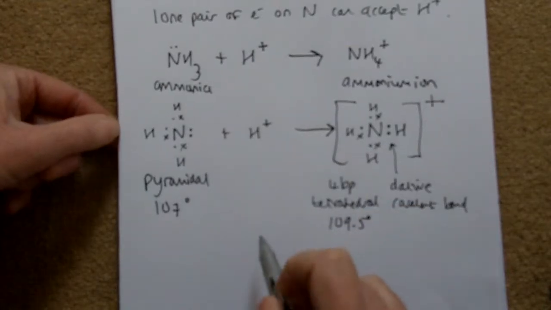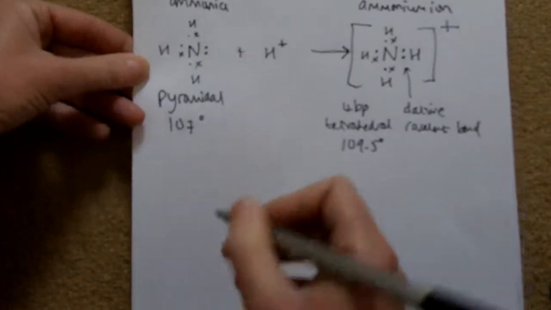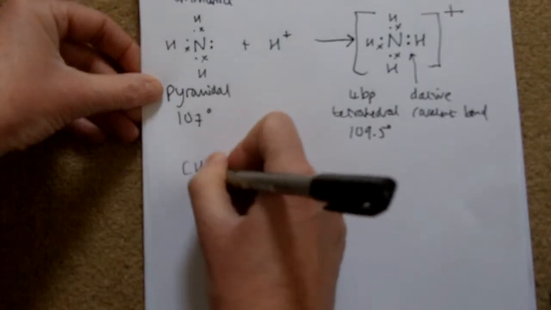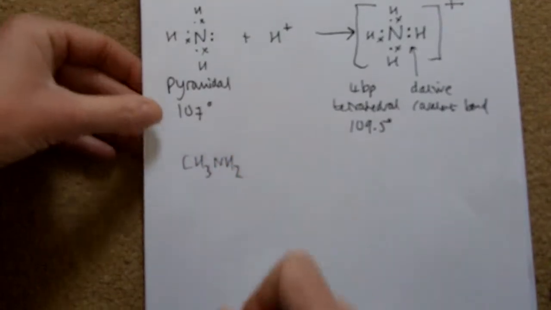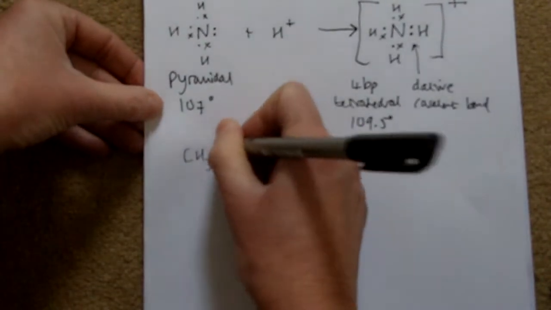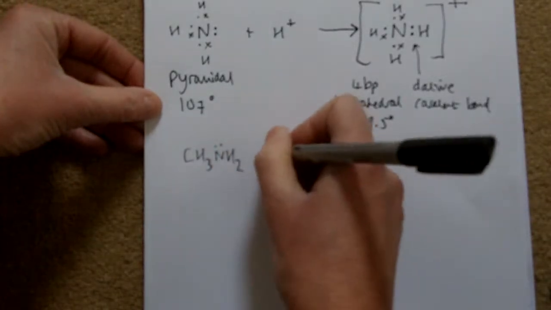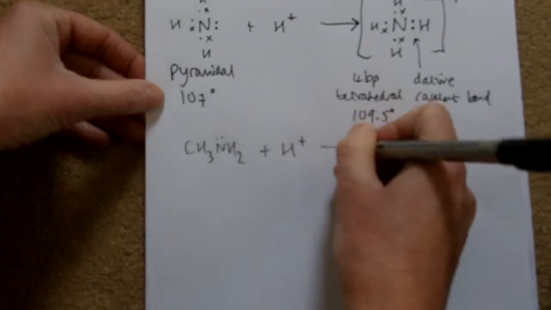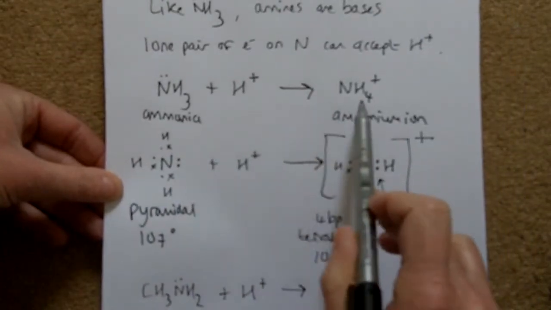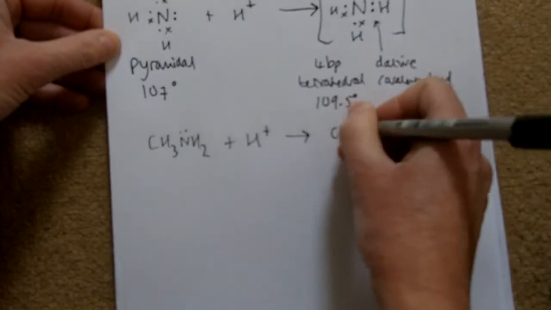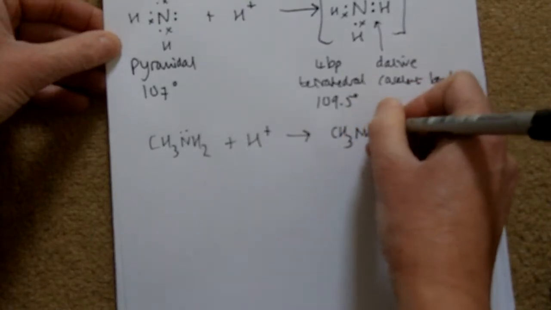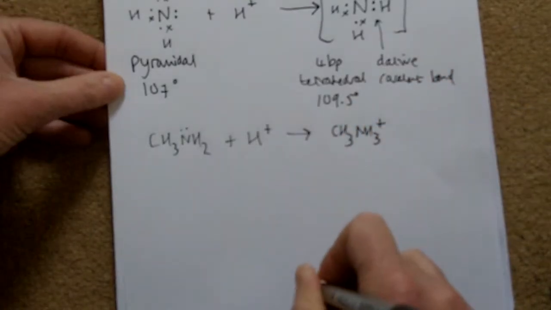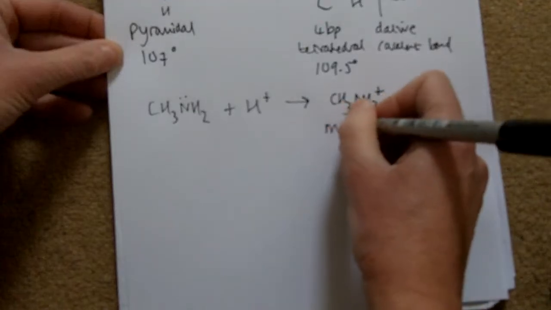Now amines are very, very similar. If you take, let's just keep it simple, methylamine. Methylamine has a lone pair of electrons. Methylamine can accept a H+, and just like here, it forms the methyl ammonium ion.